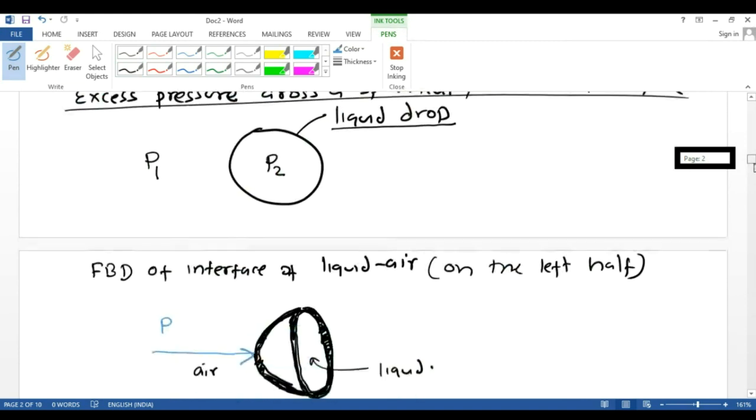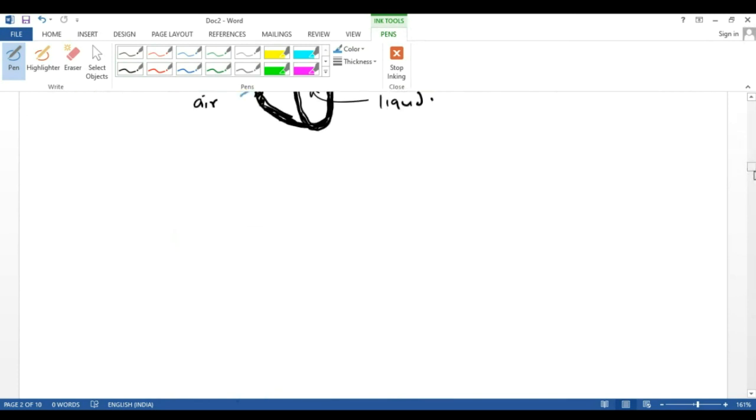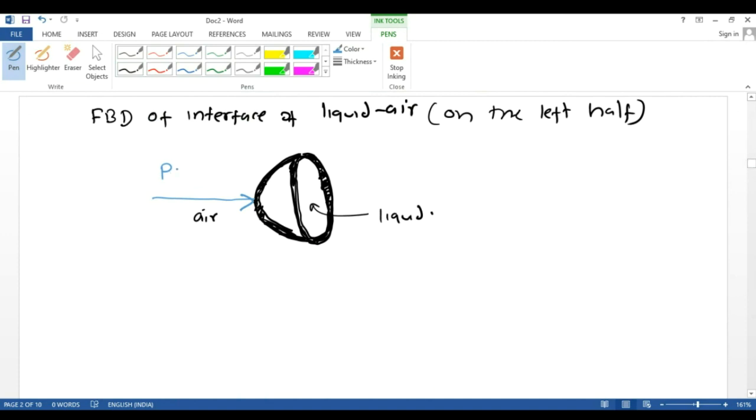Yeah, so the outside pressure we have assumed to be P1. So this force is going to be P1 into 4 pi r square. And because of the liquid, the force on it will be equal to P2 into 4 pi r square. Right.